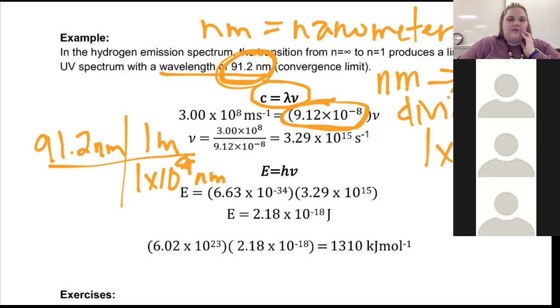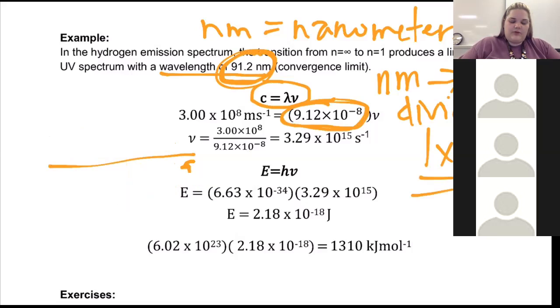Anytime they give you nanometers, you always need to divide by this first to convert it to meters. Once you have it in meters, then you can plug it into your problem.